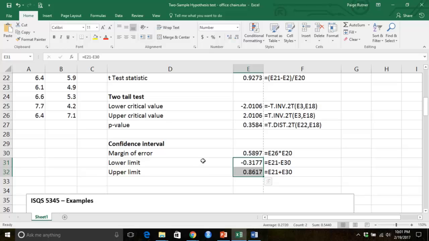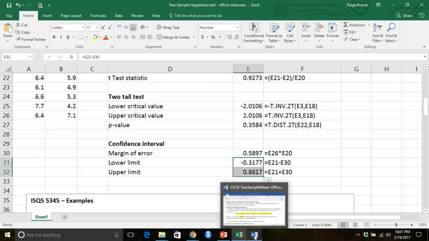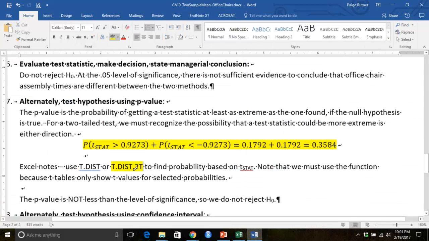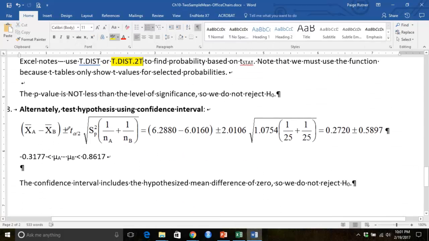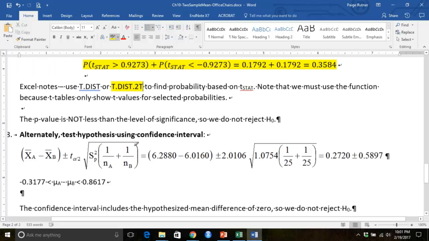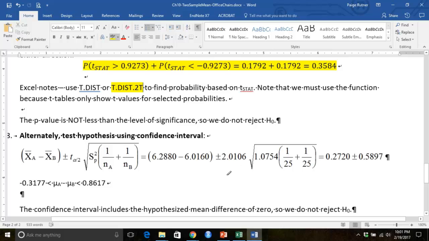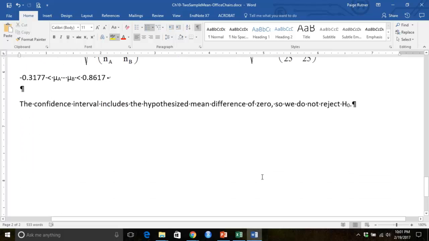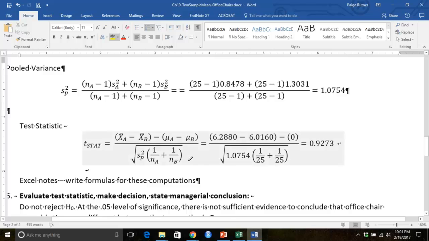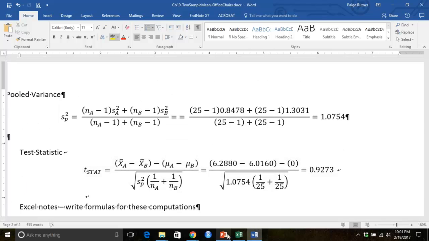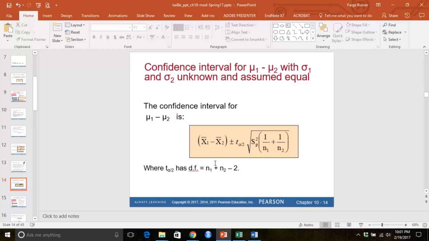We see no difference in assembly times between the two different methods. And so coming back to my write-up, you can see here's plugging the numbers into our formula and then also reporting our p-value differences there. All right, so that is start to finish a pooled variance t-test.